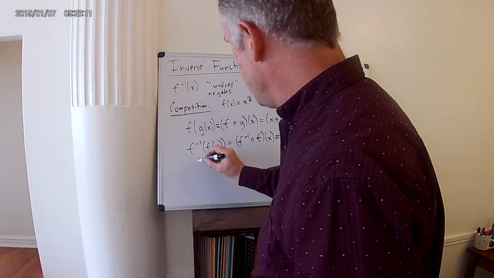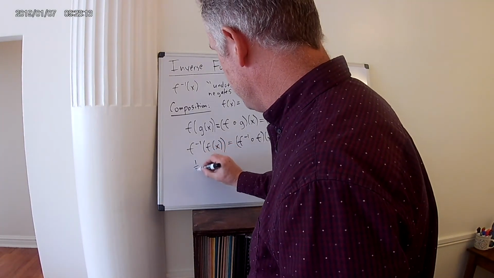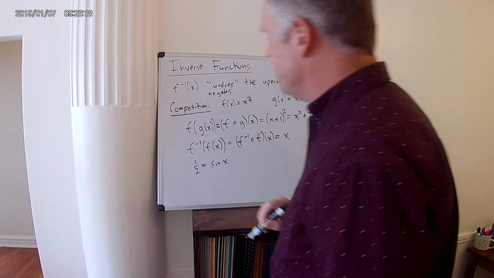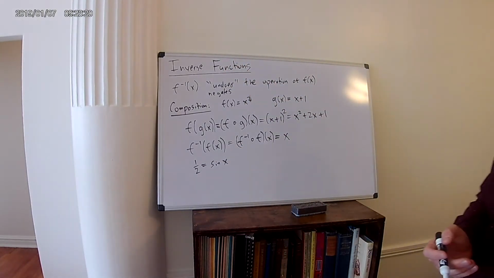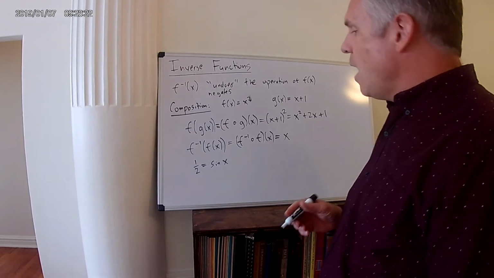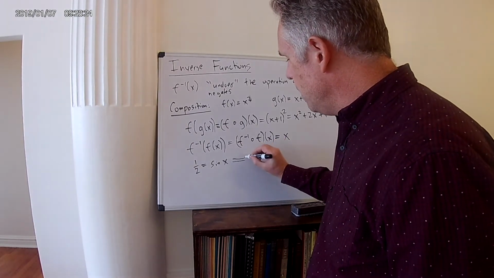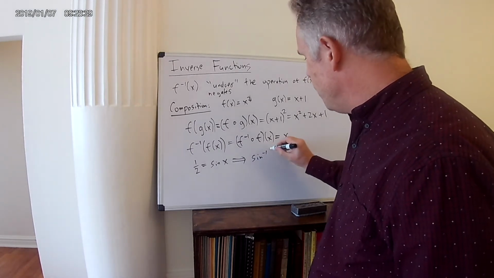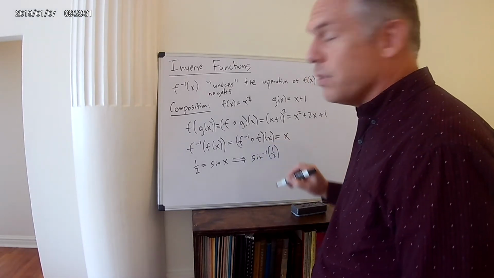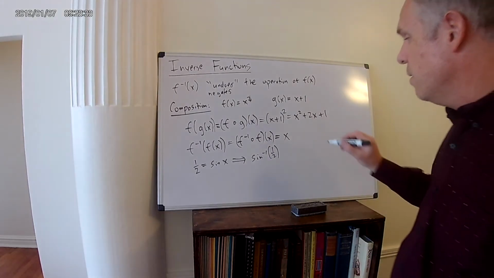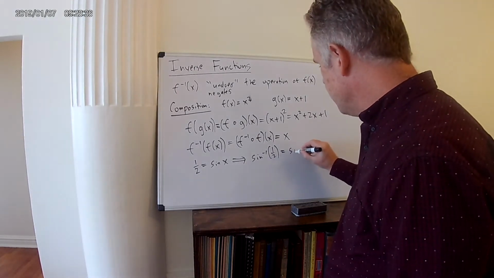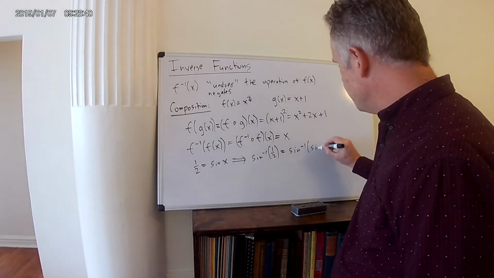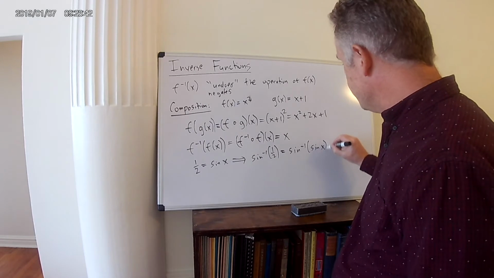When I said to you, find an angle such that the sine of that angle equals 1/2, how did we solve this? Well, actually what we did is we took the inverse sine of both sides of this equation. As long as you do the same thing to both sides of the equation, you're okay. We took the inverse sine of 1/2 and the inverse sine of sine x.